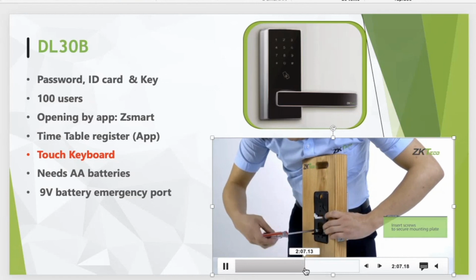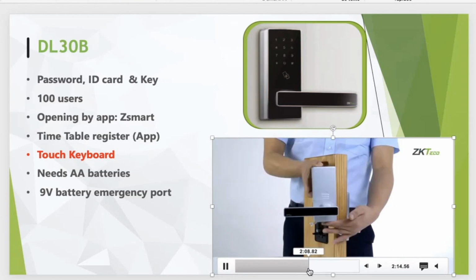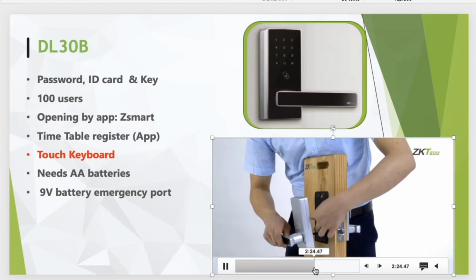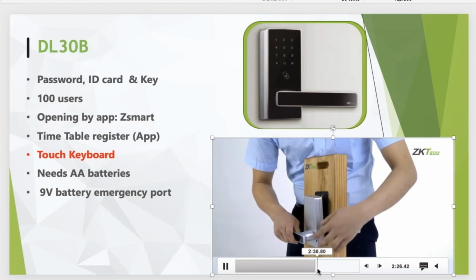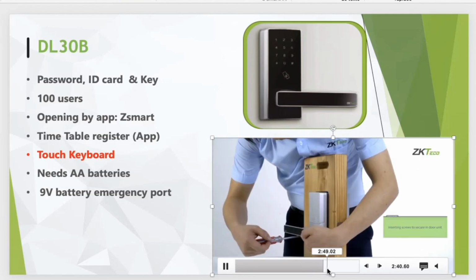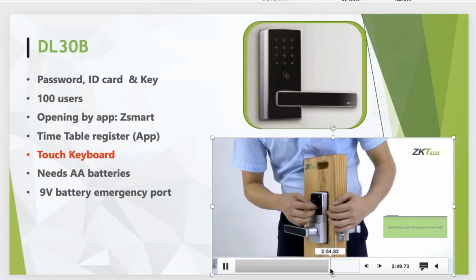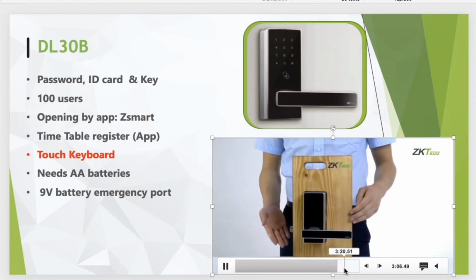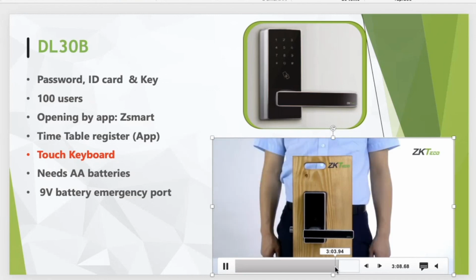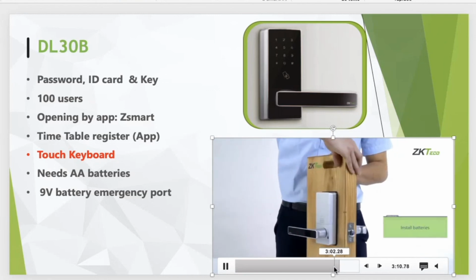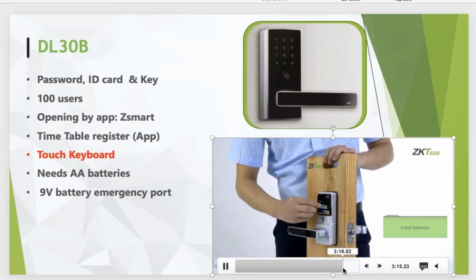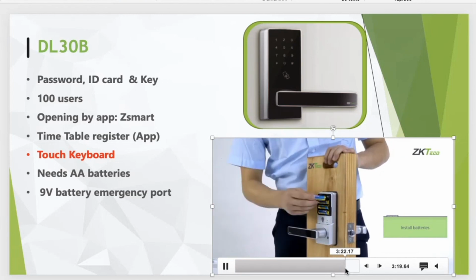As you can see, once we make the drills and drill the holes in the door, the installation of the lock is very easy to do. These are the batteries that we need, the AA alkaline batteries.